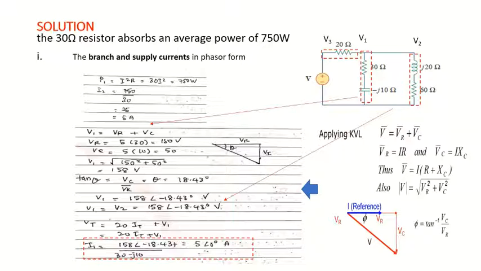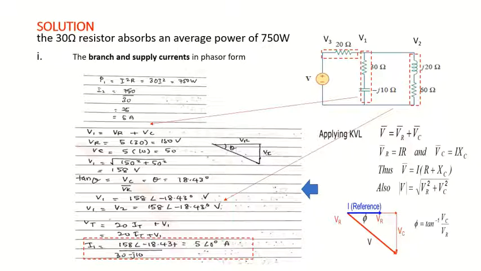For the first question, it says that the 30 ohm resistor absorbs an average power of 750 watts. We have two branches here, the first branch and the second branch.